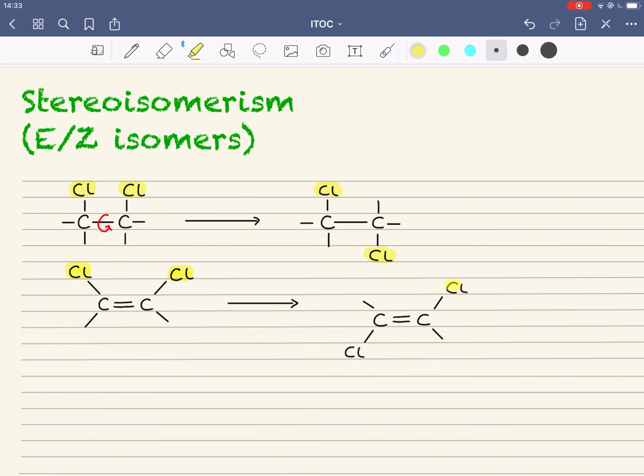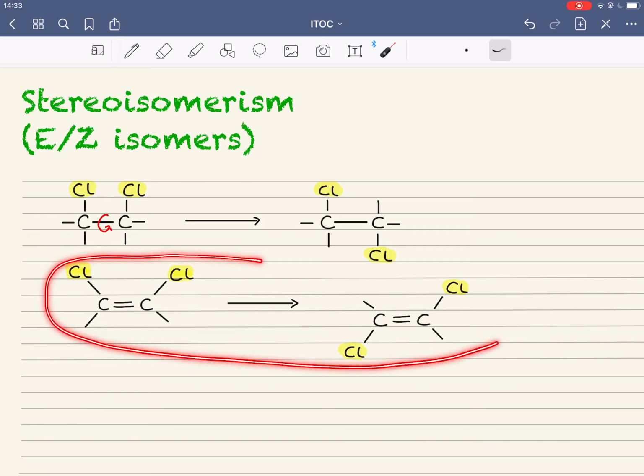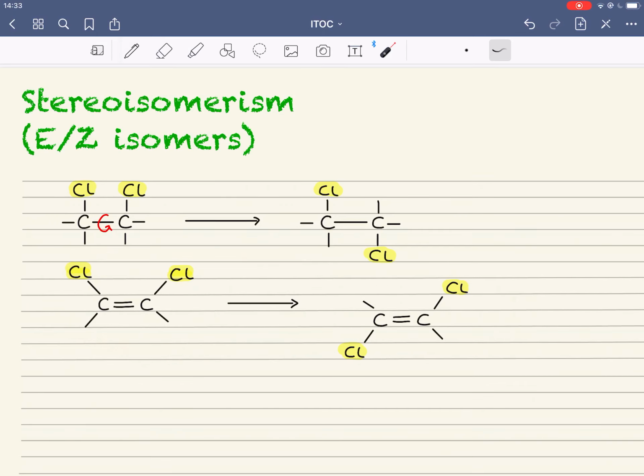So here we've got the chlorine above and below, and these two molecules are different. They've got exactly the same structural formula, that is, the bonding between the atoms is the same, but the arrangements in space of these chlorines is different. And these molecules here that I've written are in fact EZ isomers. Which is the E and which is the Z isomer is what we're going to have a look at now.